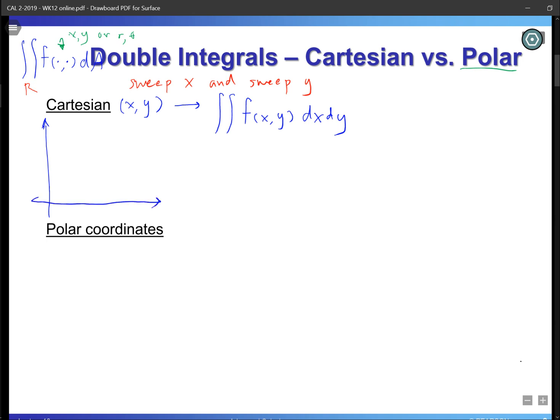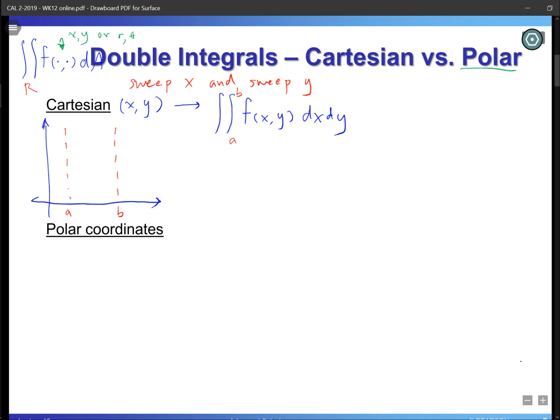Alright, from the double integration that we see here, we are supposed to sweep the x variable, which means that we are supposed to specify the starting point and the end point. So here maybe start at A and end at B. And after that we need to integrate this with respect to y, and also we need to specify the starting point and the end point of the y sweeping.